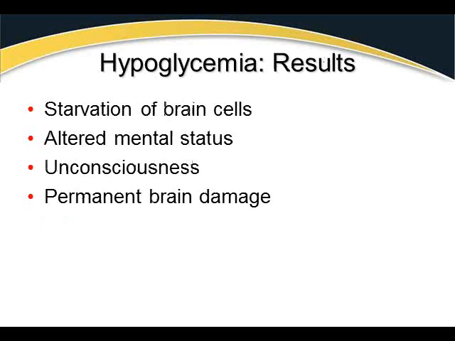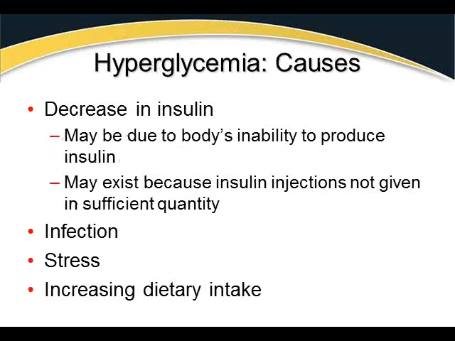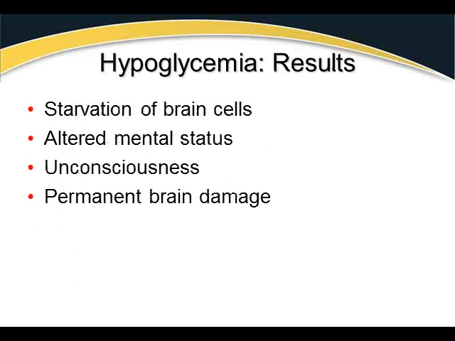So what happens when we have hypoglycemia? There's a starvation of brain cells. Those brain cells can't function appropriately. They don't have the energy source that they need. They'll end up with an altered mental status, potentially leading to unconsciousness, and it can lead to permanent brain damage.